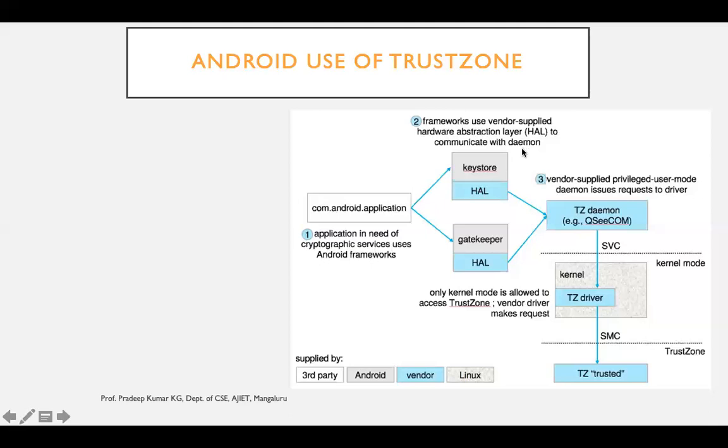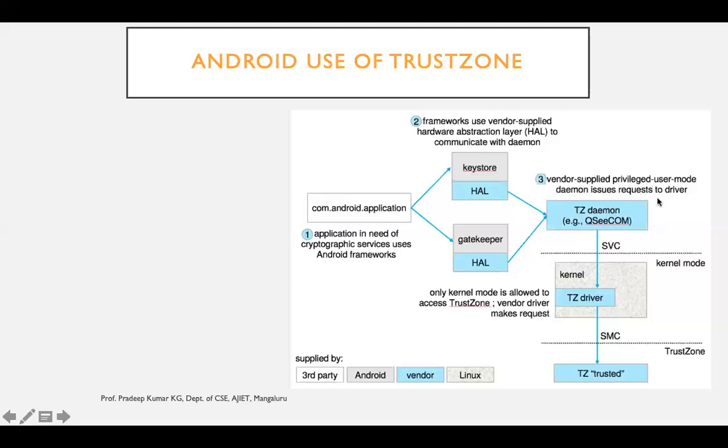So it will trace out the hardware abstraction layer and inform the daemon. The daemon is nothing but, with respect to the kernel layer, is supposed to send the system call. So once HAL is identified, it will get the privileged user mode access.